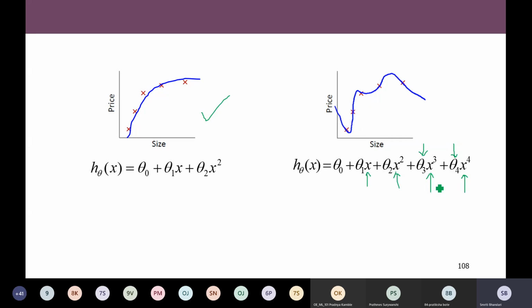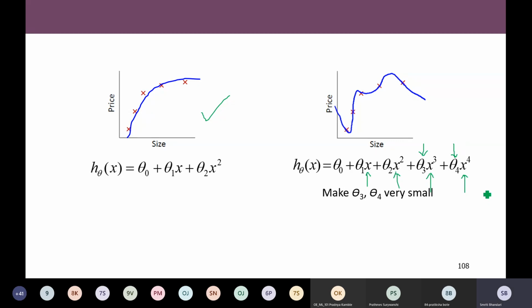Such that even though all the features are there, the contribution of every feature can be regulated. So in this particular situation, we may come up with theta 3 and theta 4 very small.